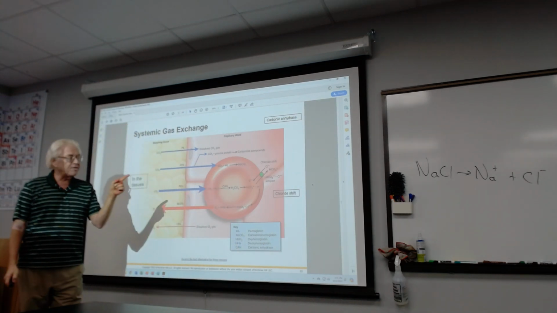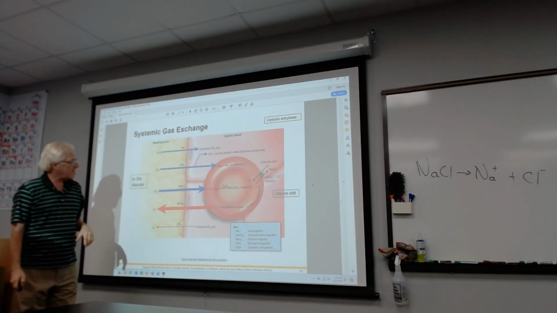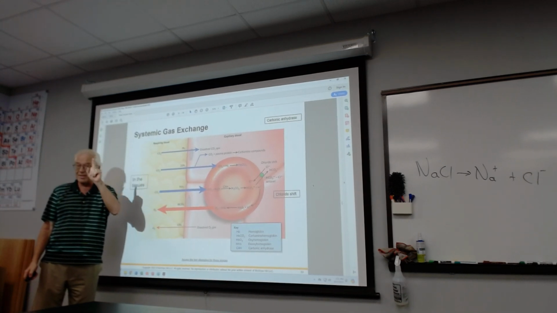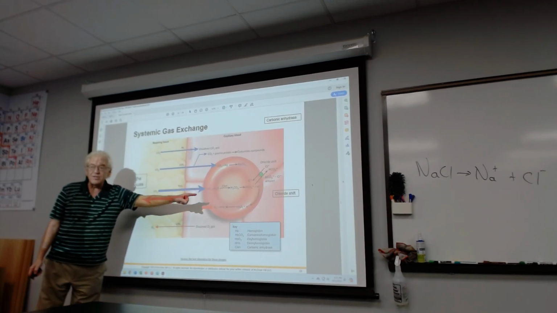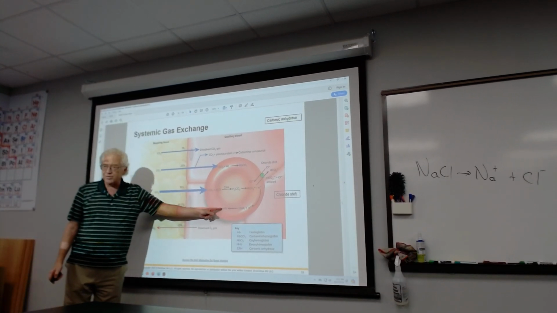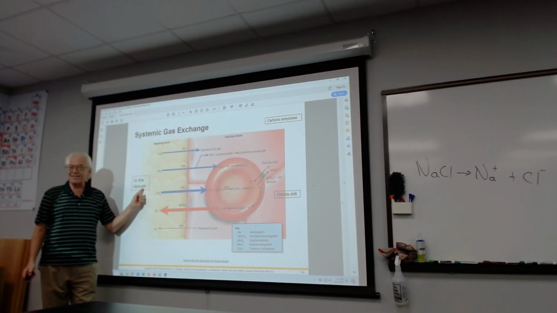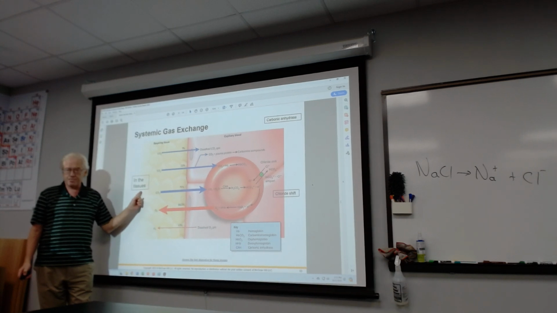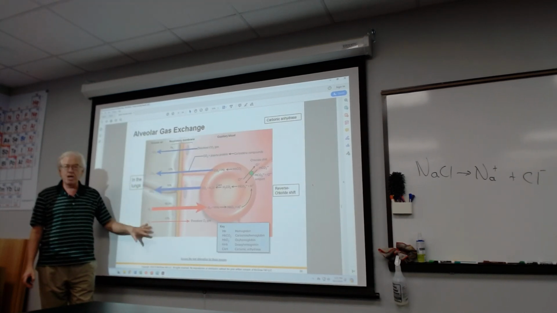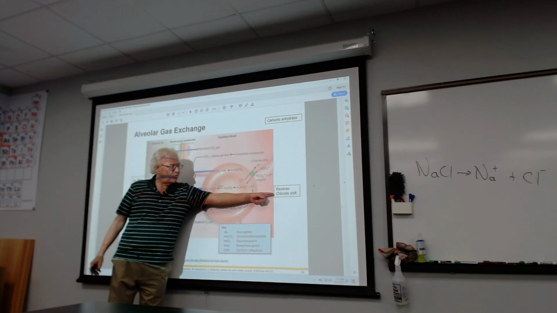So if this is the chloride shift, which happens where the tissues are, now please, on my test, chloride shift does not happen in the tissues, it happens in the red blood cell, where? At the tissues. Got it? So what happens when the red blood cell makes it to the lungs? We have to do the reverse.